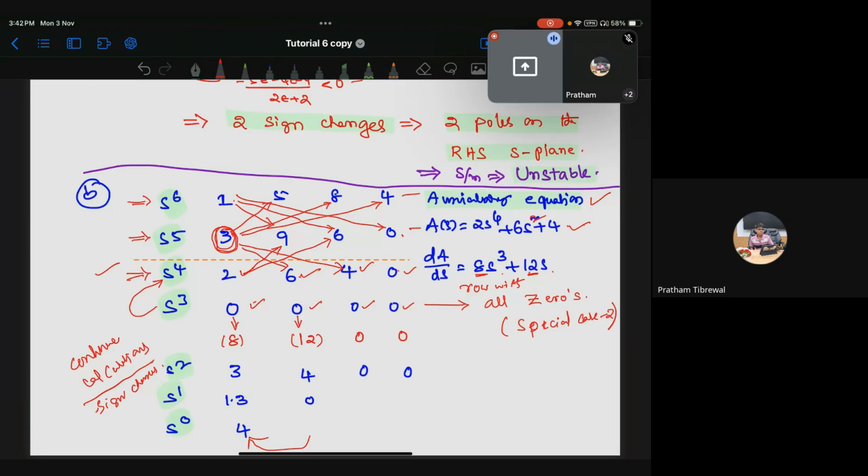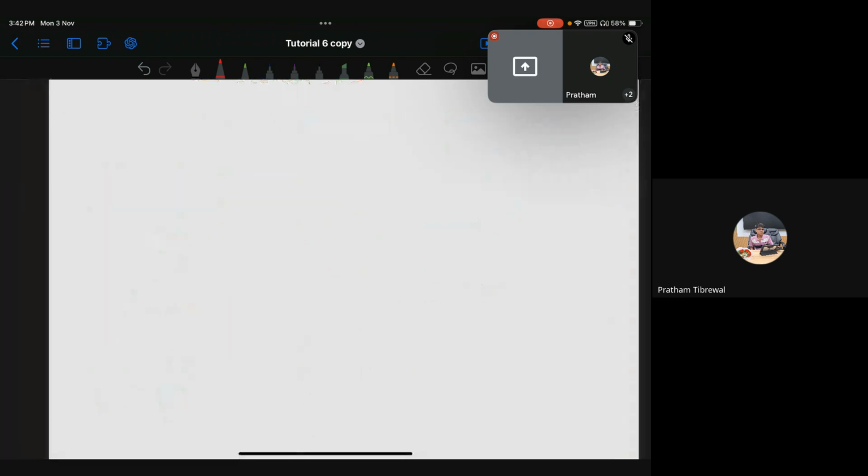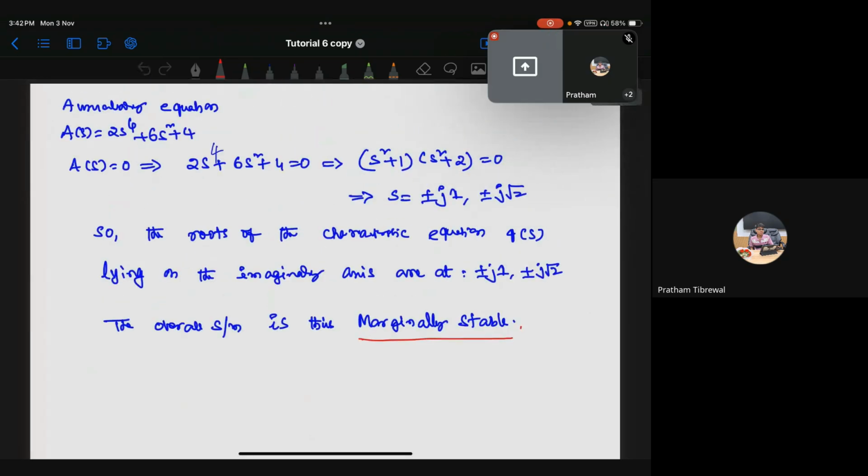Any queries? Okay, fine. So the system is marginally stable because the auxiliary equation is giving us roots on the imaginary axis, plus or minus j. Sir, can you show the last line?